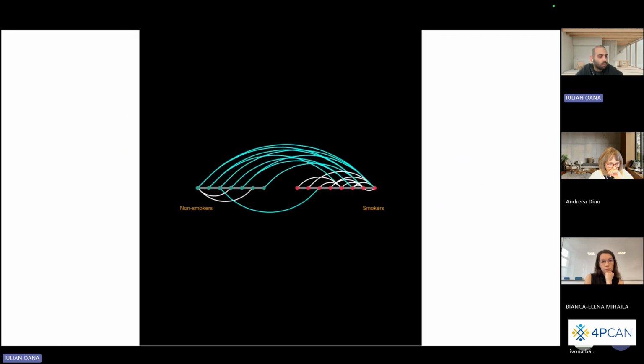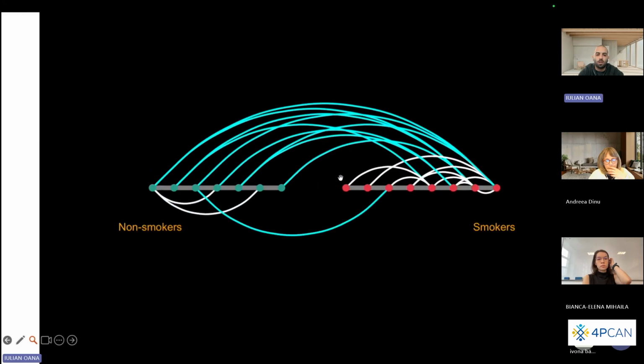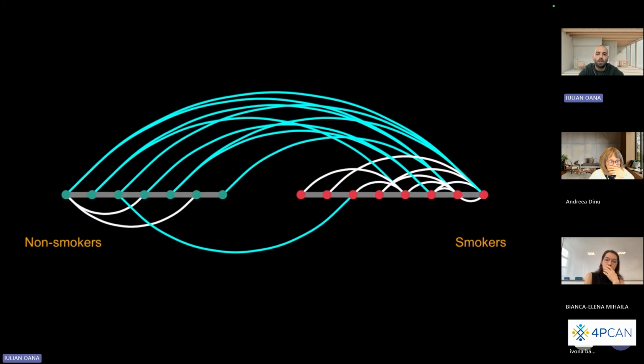The last in this family of arc diagrams, and also a rational layout, is what's called a hive plot. So here, for example, let me just make this bigger. Here we have the cluster of non-smokers, the cluster of smokers.